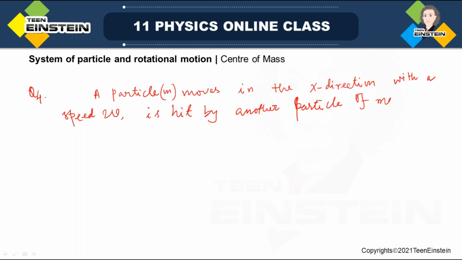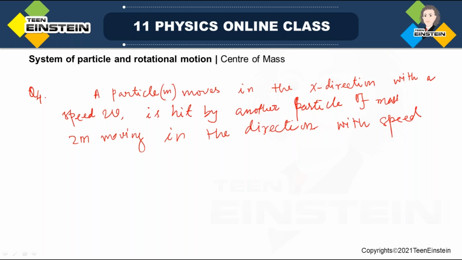and is hit by another particle of mass 2m moving in the y direction with speed v.